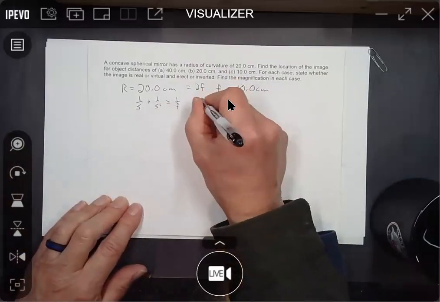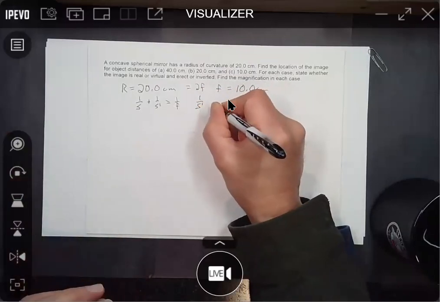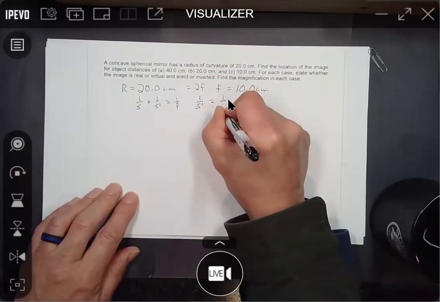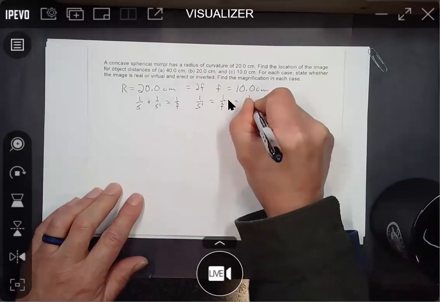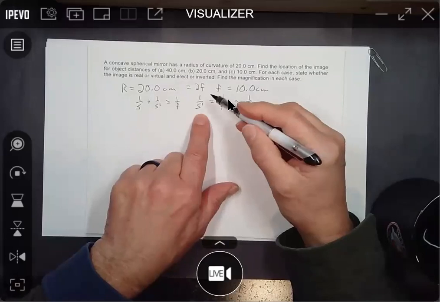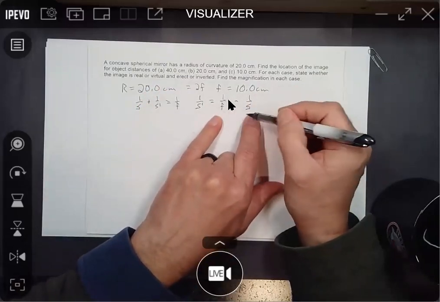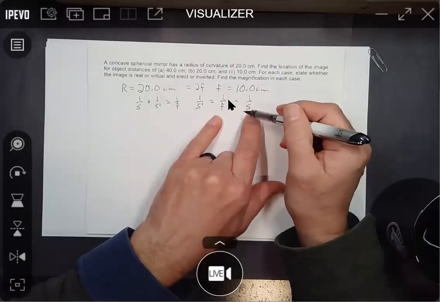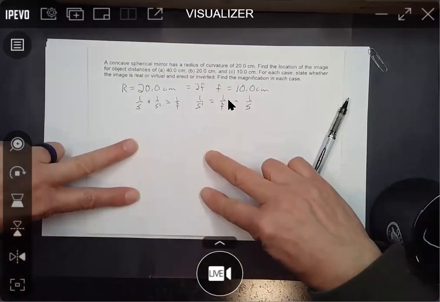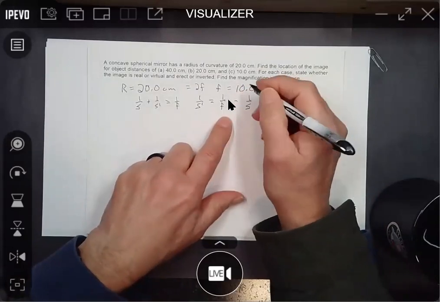I don't give you this formula on the test, but you should be able to solve it for yourself fairly quickly. 1 over S prime is going to equal 1 over F minus 1 over S. Well, I don't want 1 over S prime. I want S prime. So I'm going to work on this expression over here and turn it into a simple fraction. Because if I've got a simple fraction equaling a simple fraction, I can just flip them both. What I'll do is get a common denominator.